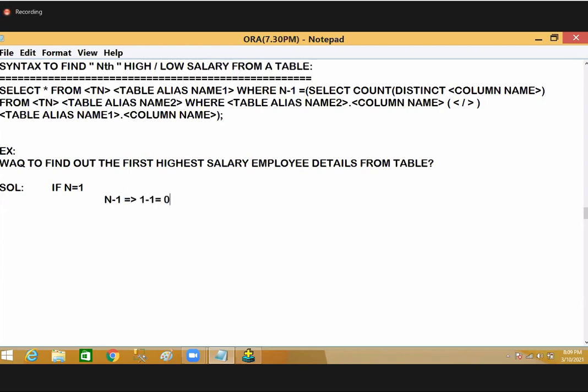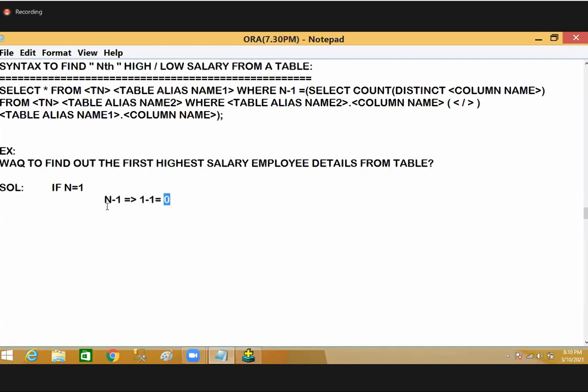Then what happens? 1 minus 1 is equal to how much here? 0. All of you clear with this calculation? Okay, then 1 minus 1 is equal to 0.